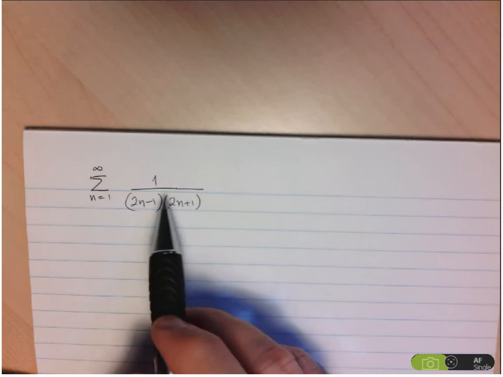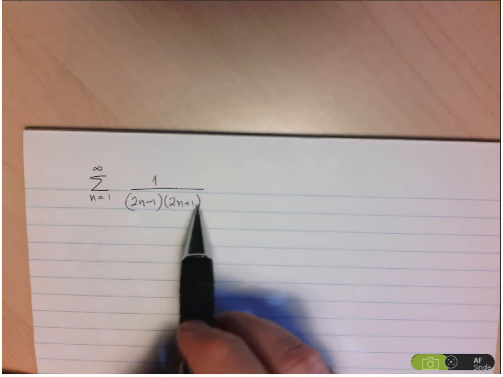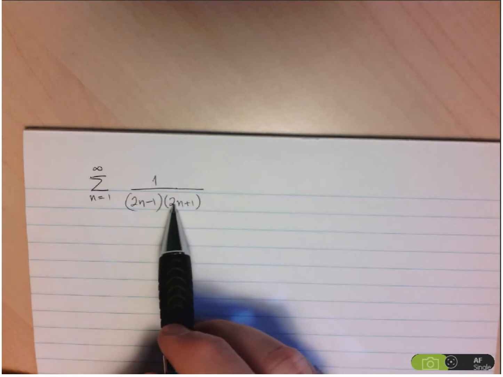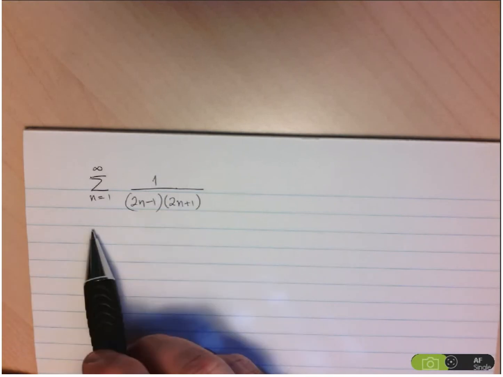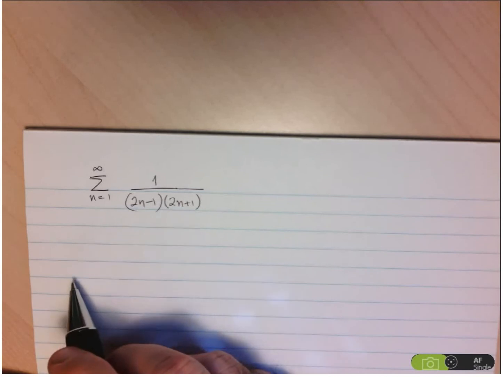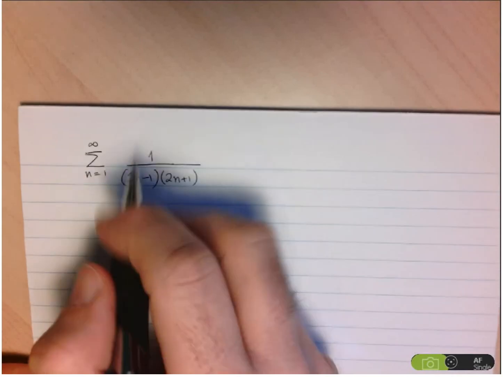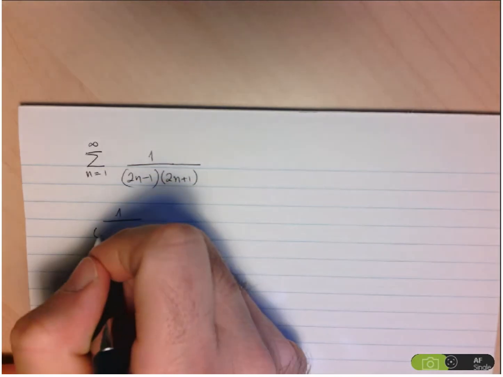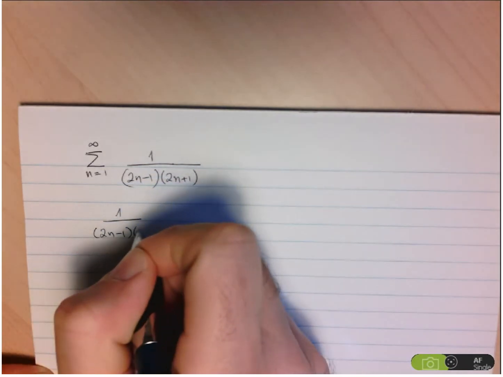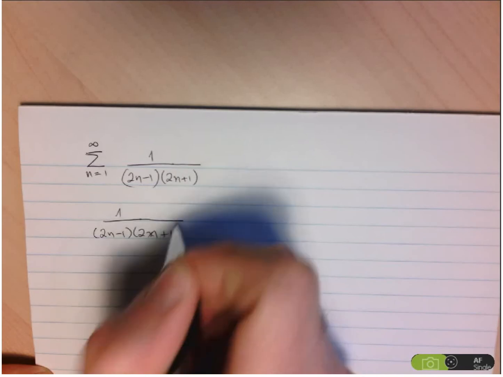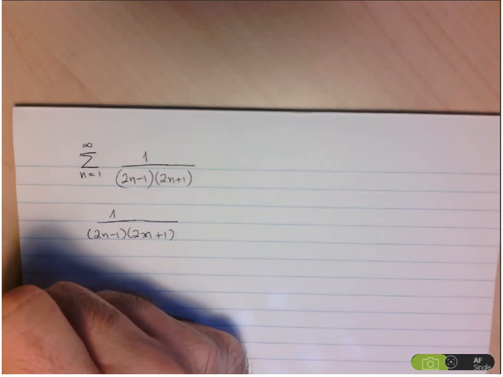So what we're going to do is take this expression and use an old trick. We'd like to rewrite it as two separate terms. We saw that before: we're going to write it as partial fractions. So our first goal here is to rewrite this expression as two separate expressions.